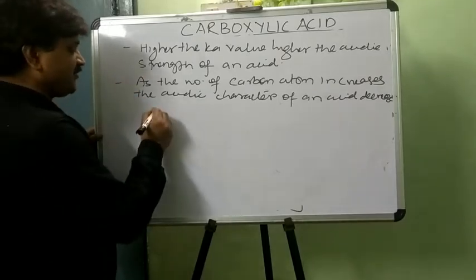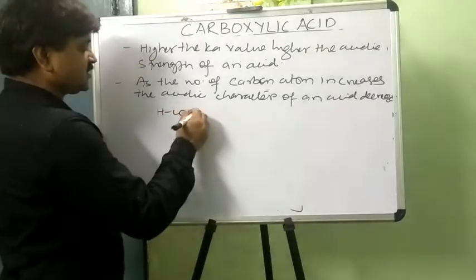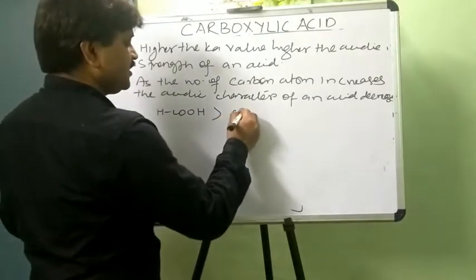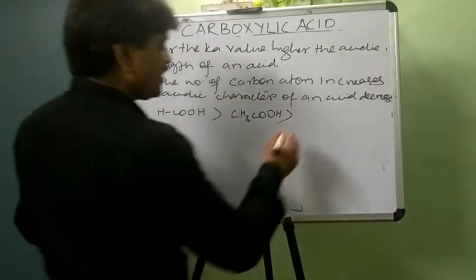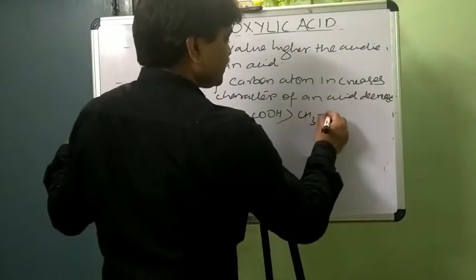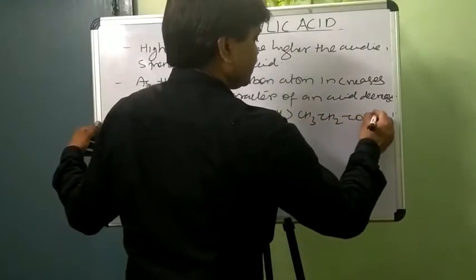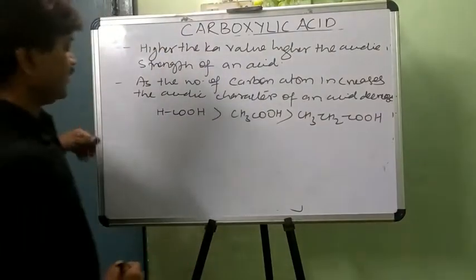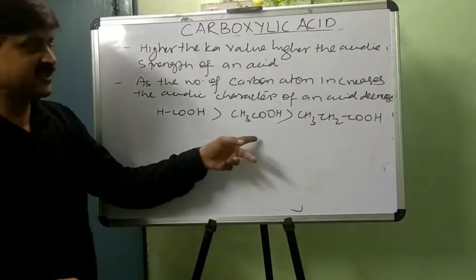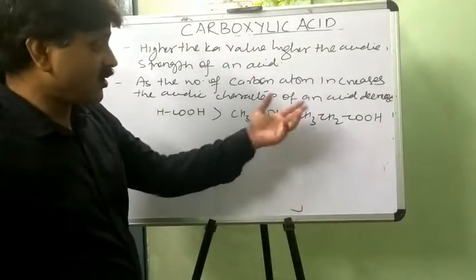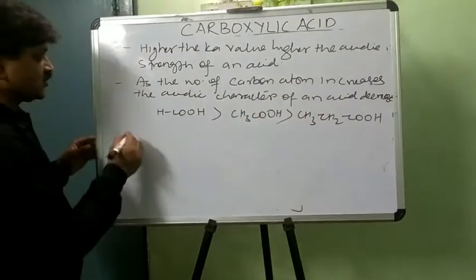Just like in case of formic acid, HCOOH is greater than CH3COOH, is greater than CH3CH2COOH. You will see here, formic acid is a stronger acid as compared to acetic acid, and acetic acid is stronger than propanoic acid. How would you decide this? According to the Ka value.